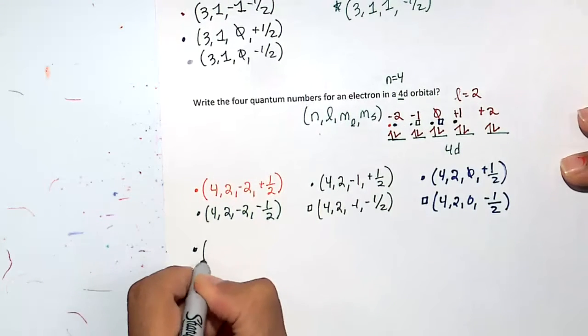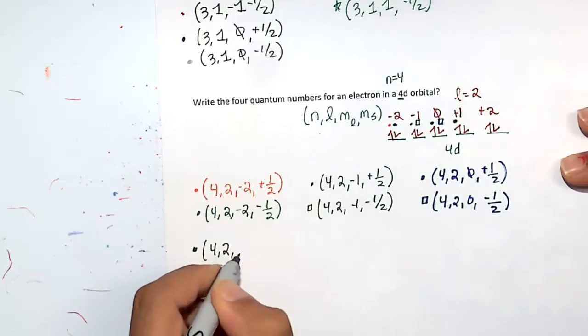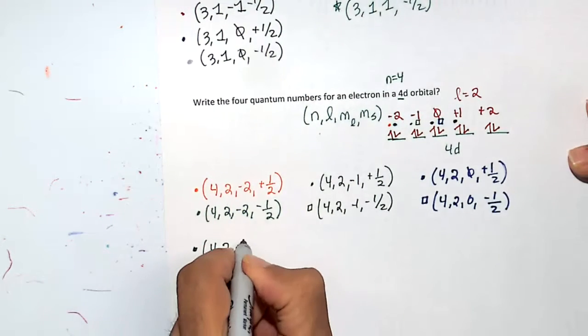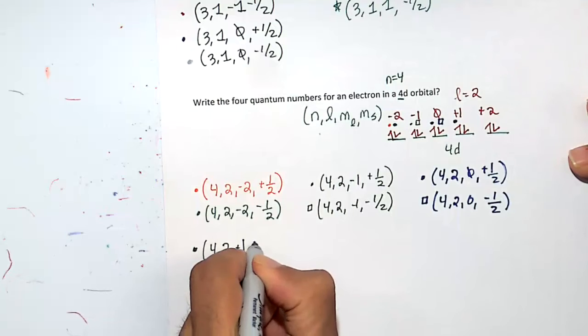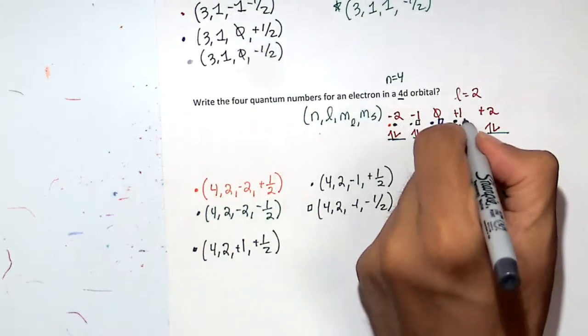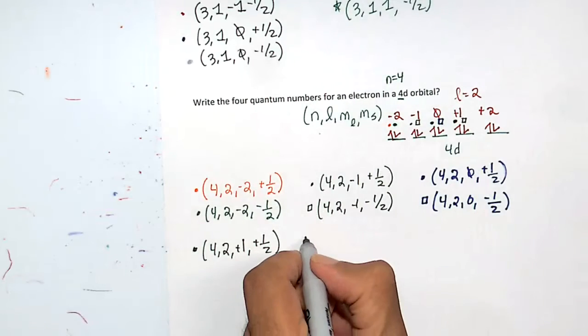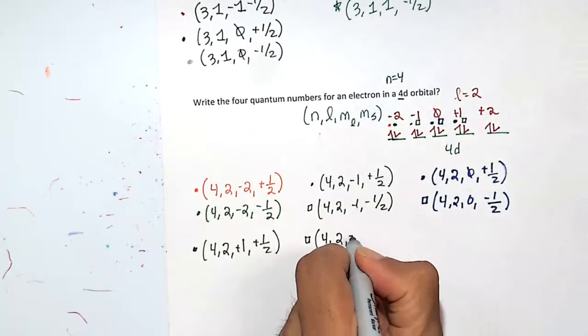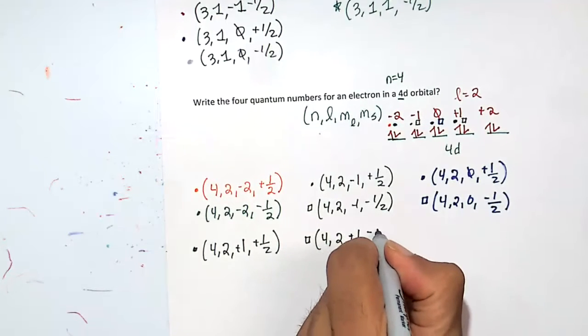All right, how about the gray circle? The gray circle, it's 4. L is 2 for a d orbital, and then it's plus 1, and then plus 1/2. Okay. How about the gray square electron? The gray square electron is 4, 2, plus 1, minus 1/2.